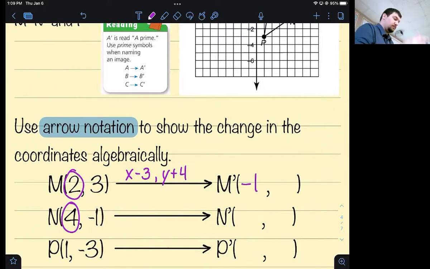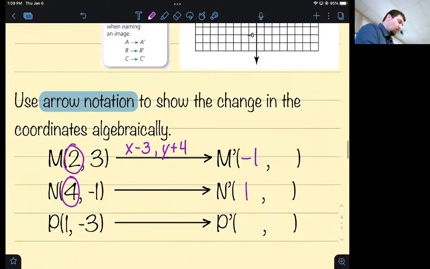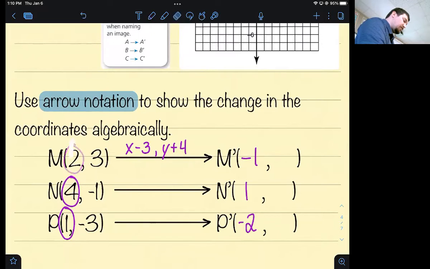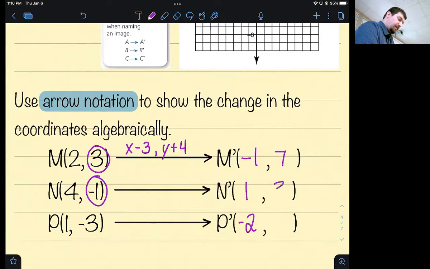Everybody? 1. And what's 1 - 3? -2. Okay. All right. So now I'm going to change the new Y coordinates by adding 4 to the Y coordinate. What's 3 + 4? 7. What's -1 + 4? 3. What's -3 + 4?